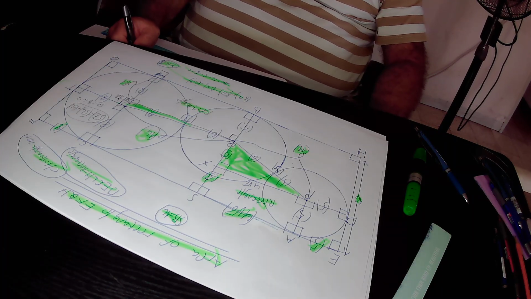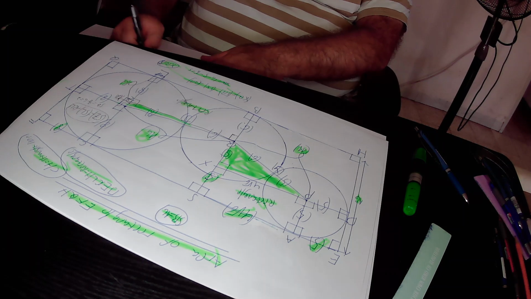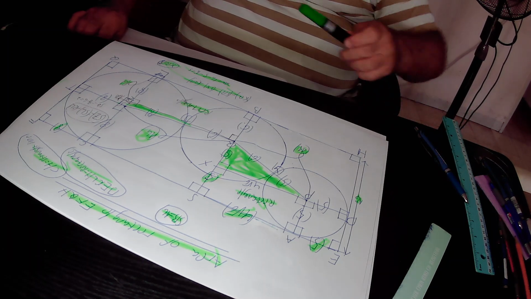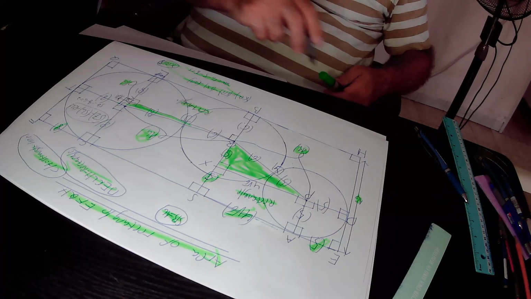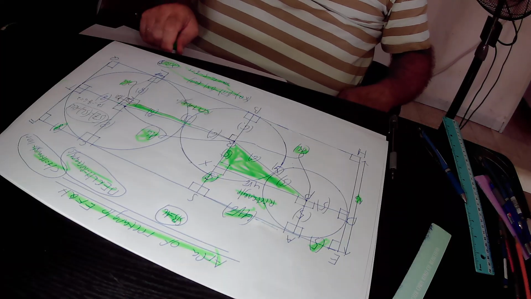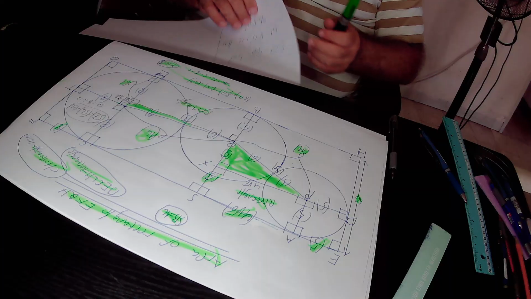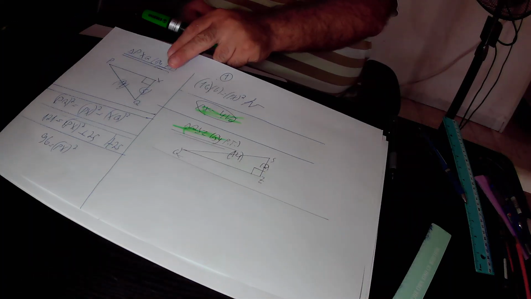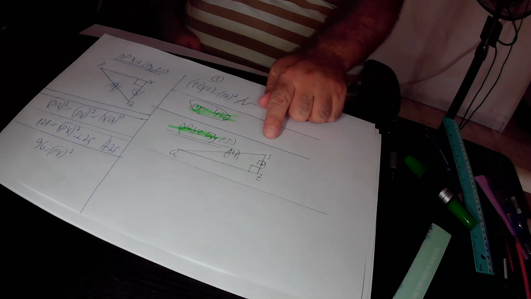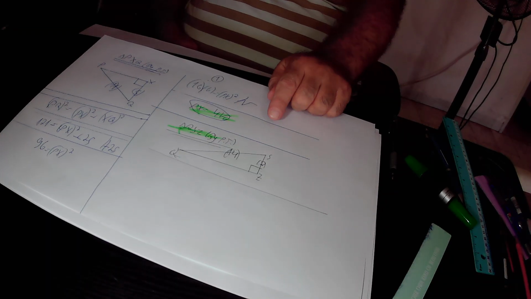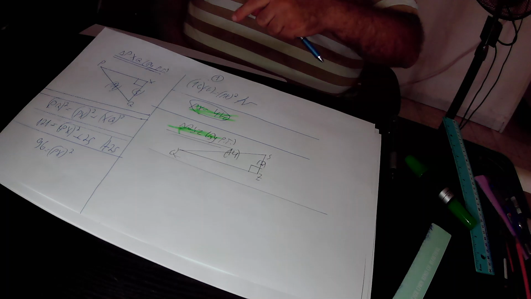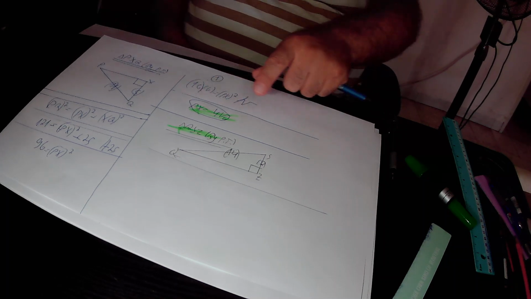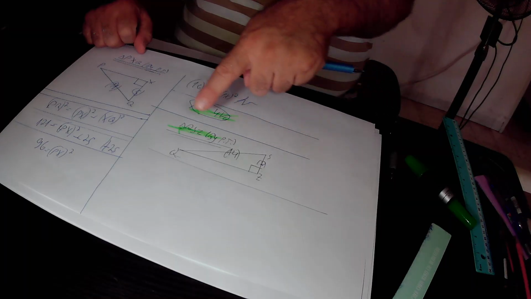Here is the derivation for the Pythagoras theorem. This is the right triangle QSZ that is coming from the original drawing, and in this right triangle QSZ, SQ squared, that is the square of the hypotenuse, equals SZ squared plus ZQ squared.